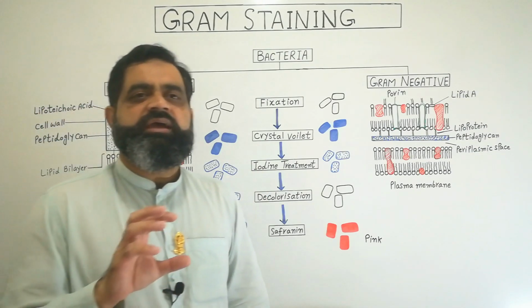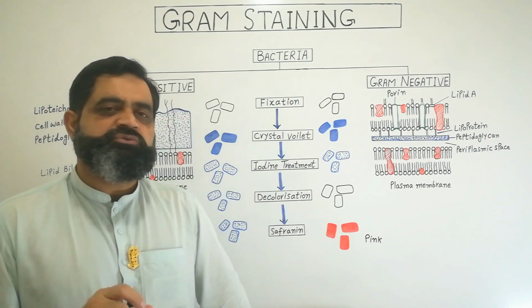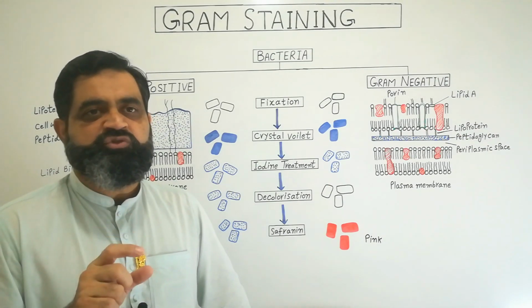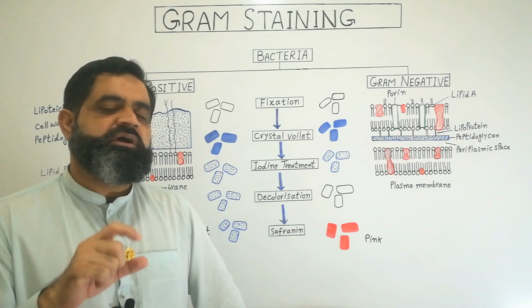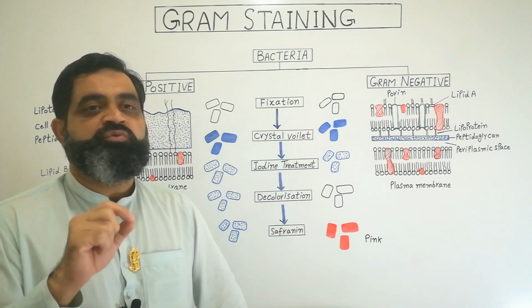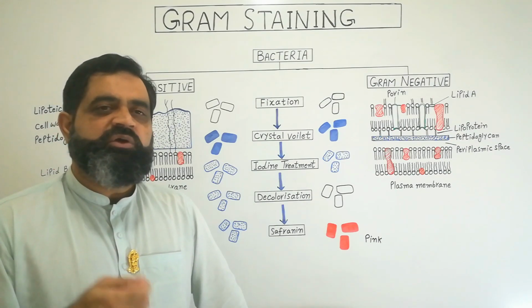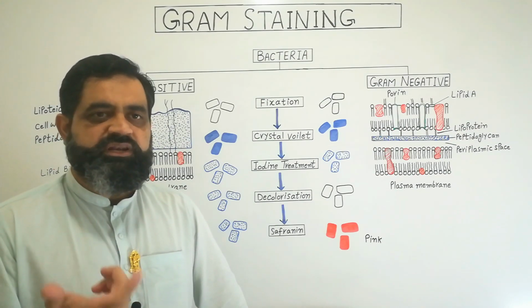Bacteria usually have no color, so under a light microscope we are not able to see them. To observe them under the light microscope, we have to dye or stain them. This is a regular procedure in biological labs.